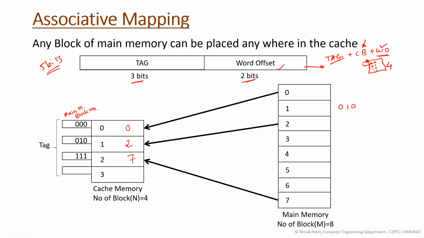Matching? No. Then 010. Matching? Yes. So for each tag you require a tag comparator, and when we perform the comparisons in parallel, this gives faster access. But you require more hardware, because at each tag you require one tag comparator.